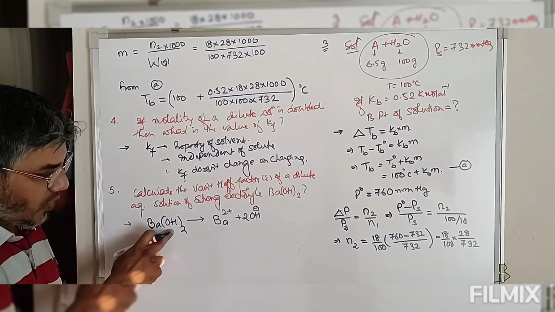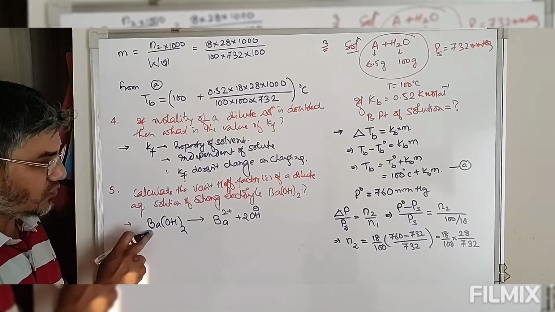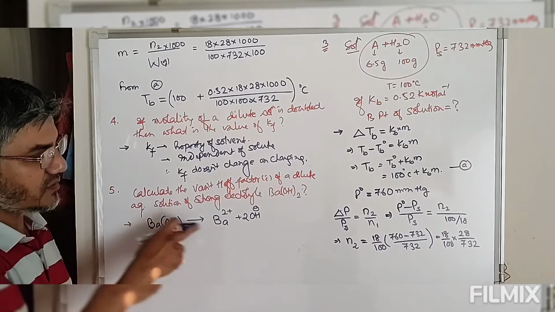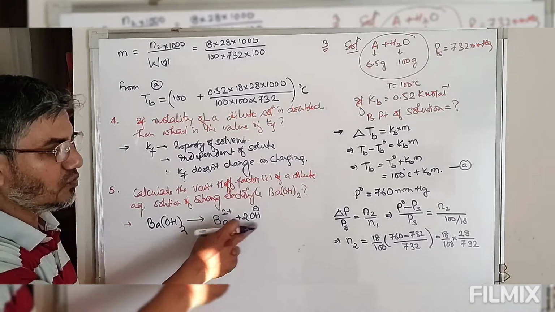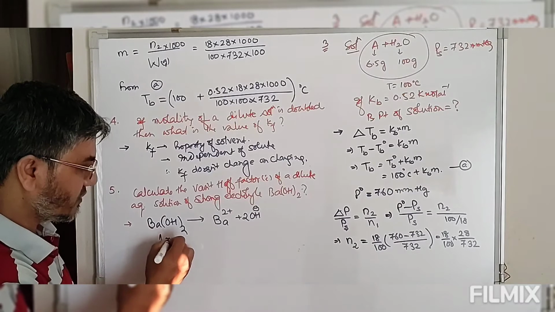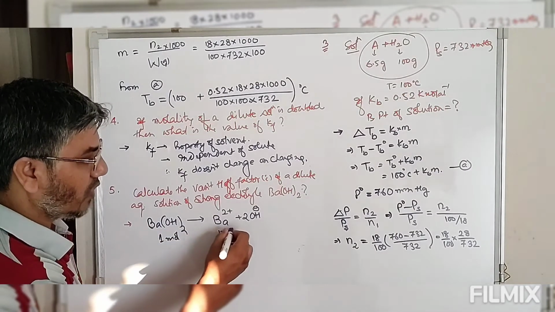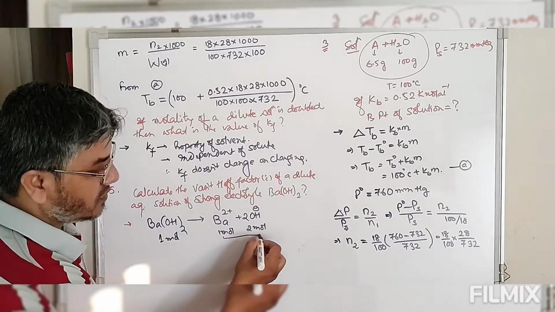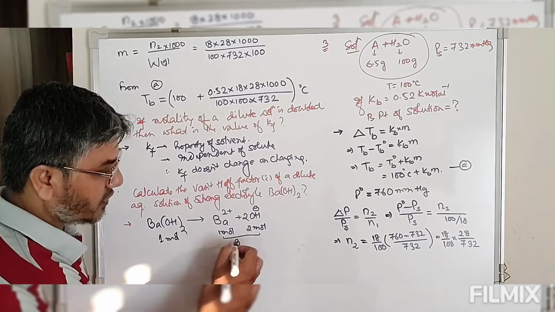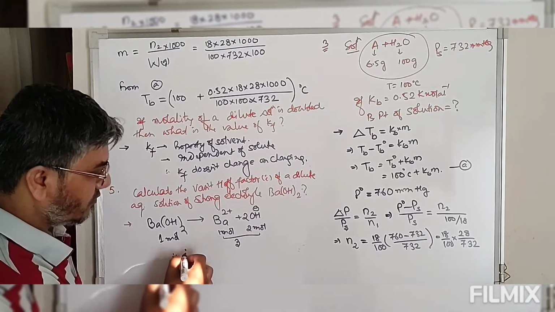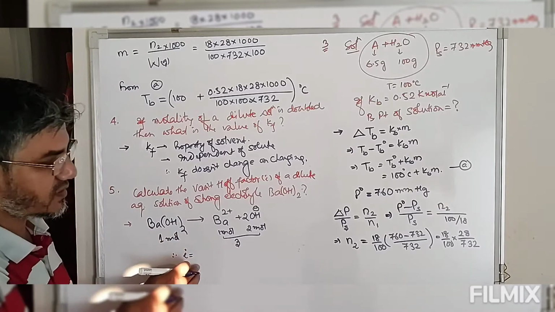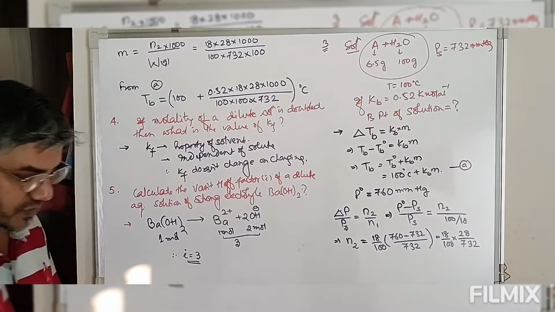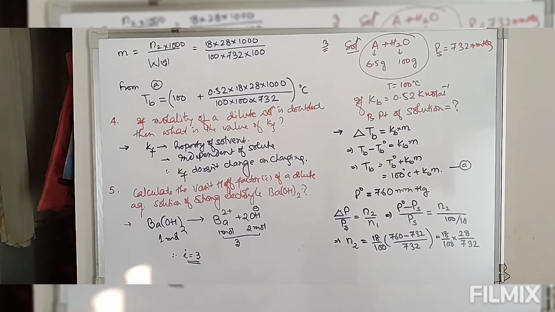Suppose we are taking 1 mole of barium hydroxide dissolved in water, this gives you 1 mole of barium ion and 2 moles of hydroxide ion. So the number of particles after dissolution is 3. So the actual number of particles present in the solution is 3, and the Van Hoff factor I is 3. That is complete dissociation.